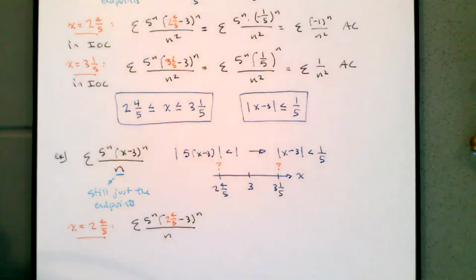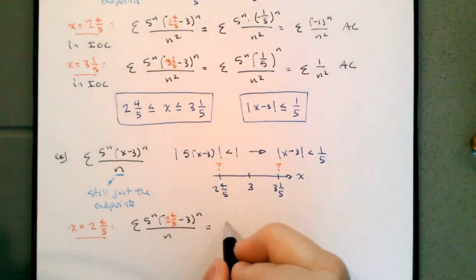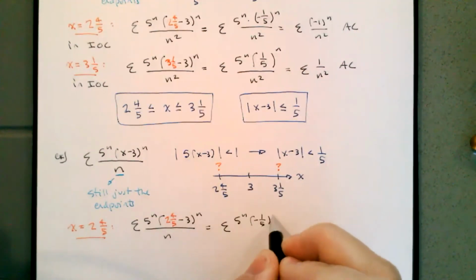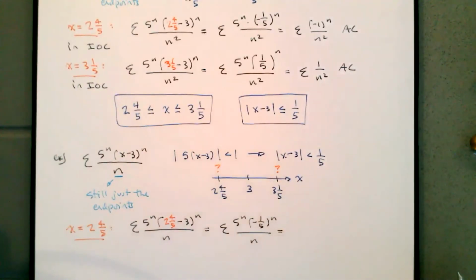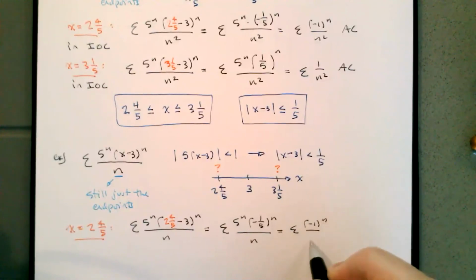The 2 4/5 minus 3 is still a negative 1/5 to the n. And so when I simplify 5 and the 1/5, I get negative 1 to the n over n.